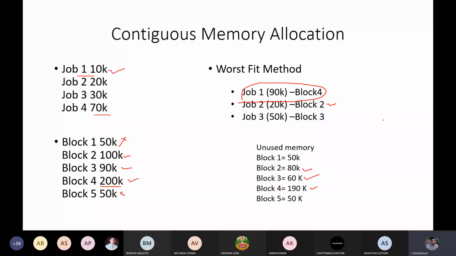Now, the unused space is 190K, but of this available space, job 4 needs only 70K. We have 190 kilobytes which are free, but you cannot allocate job 4 to block 4 because this block is occupied by job 1. You have memory available, but still you cannot allocate because this block is occupied by another job. We call that external fragmentation. You have space, but you cannot use it.